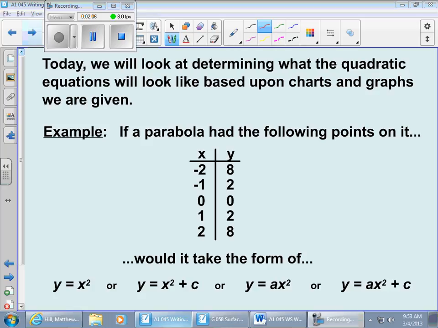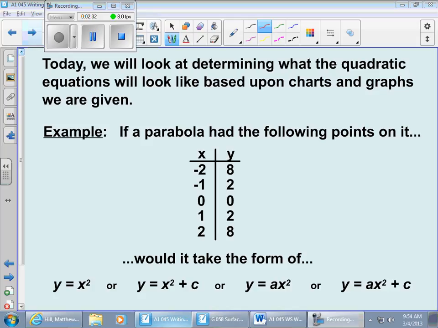Or possibly a shift and a stretch or compression, like y equals a x squared plus c? So we're going to have to learn to do what some of you have been trying very desperately to avoid: deal with these equations without just going to the calculator, typing it up, and looking at it, because now we don't have anything to type up.